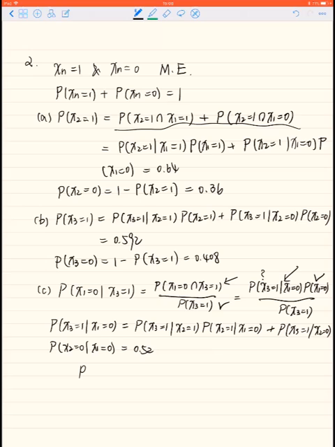Now we can figure out the probability that X1 equals 0 given X3 equals 1 is roughly 0.176. That's the answer to the third question.